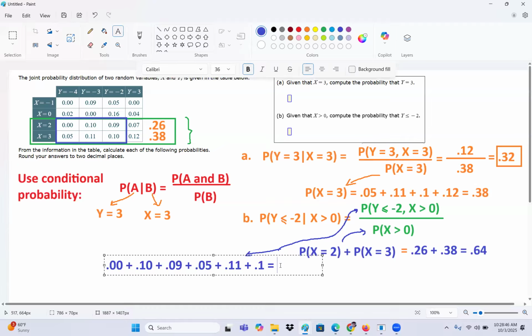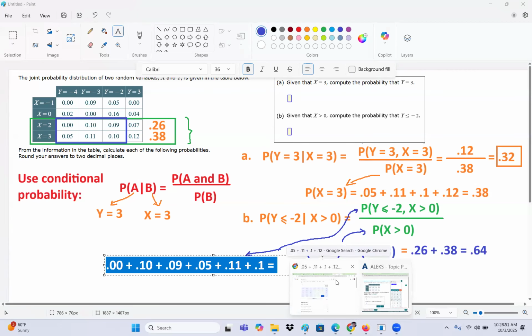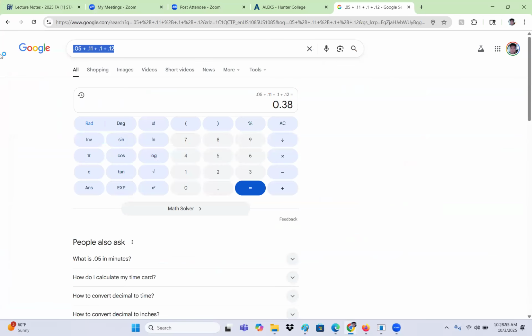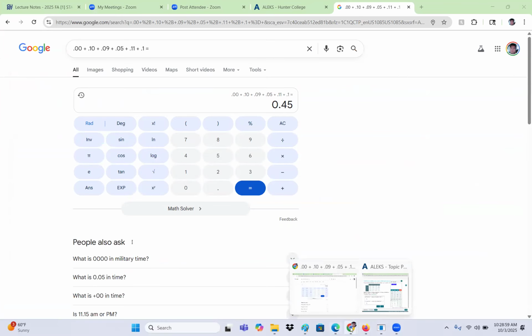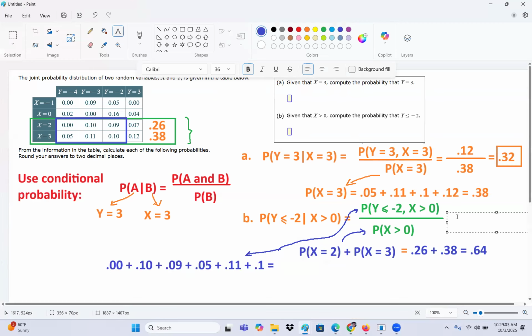Just add up those 6 boxes, and then we divide by a total of 8 boxes. That gives us 0.45, so we have a fraction of 0.45 over 0.64.